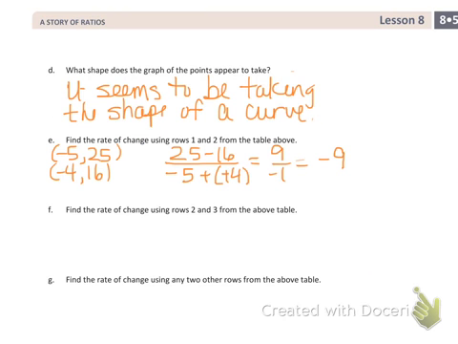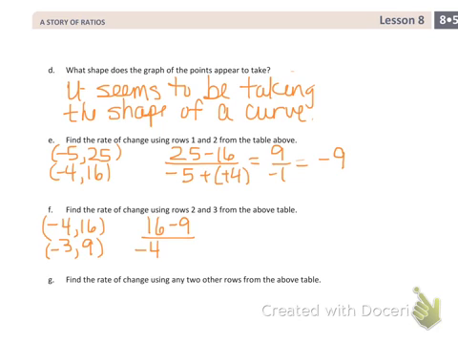Okay, so find the rate of change using rows 2 and 3. So rows 2 and 3 are negative 4, 16, and negative 3, 9. And so our rate of change would be the difference in the y values divided by the difference in x.